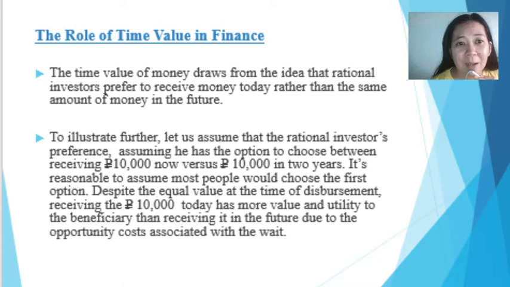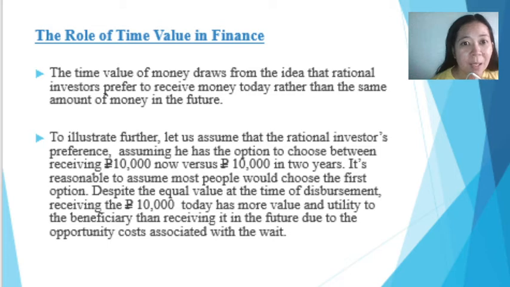For a reasonable assumption, most of us would choose the first option. Because despite the equal amount, if you receive that today, it's 10,000. If you receive that after 2 years, it's still 10,000. The amount is still the same.